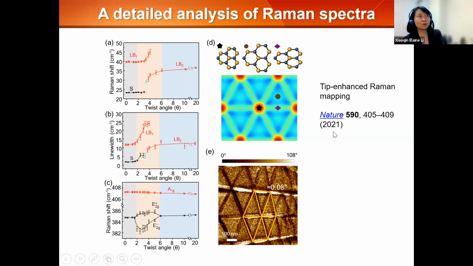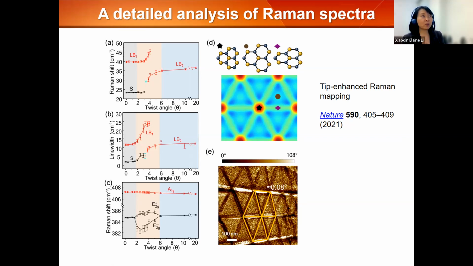So I don't remember the spatial resolution off the top of my head, but probably around the order of 50 nanometer. So what they did is they would have such huge Moiré supercell, and they just park their tip near the apex or on the domain walls or in the center. So, and then what they could see is additional peak or splitting that emerge in the Moiré.